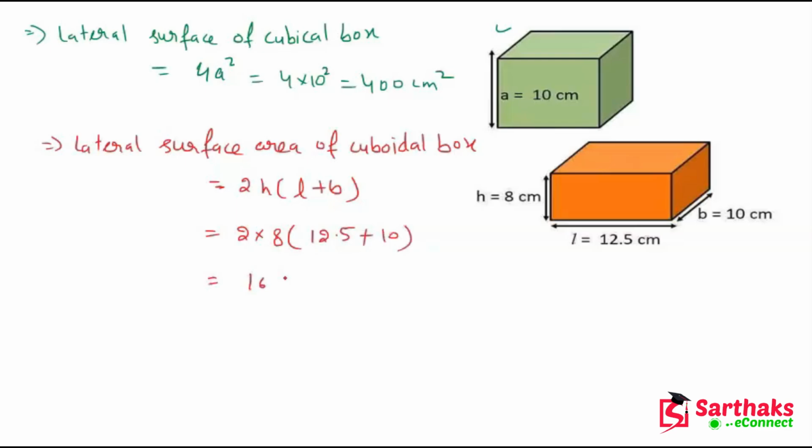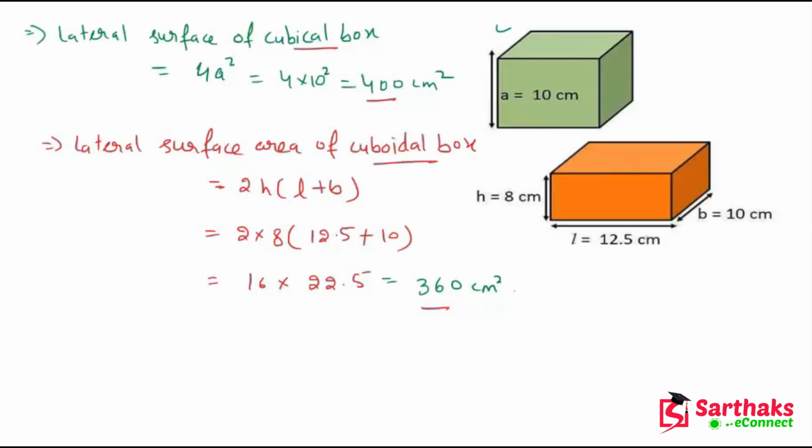So this is 16 into 22.5. After solving this we get 360 centimeter square. Now if you observe these two values, we can say that the lateral surface area of the cubical box is greater than the lateral surface area of the cuboidal box.